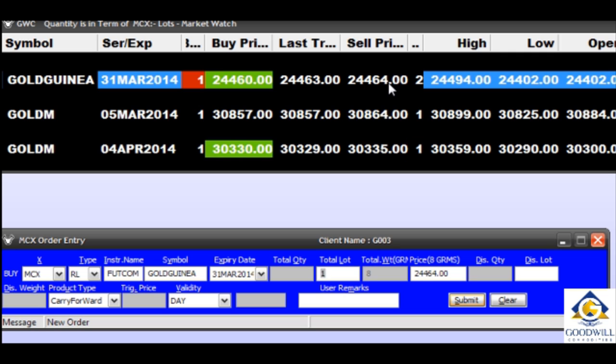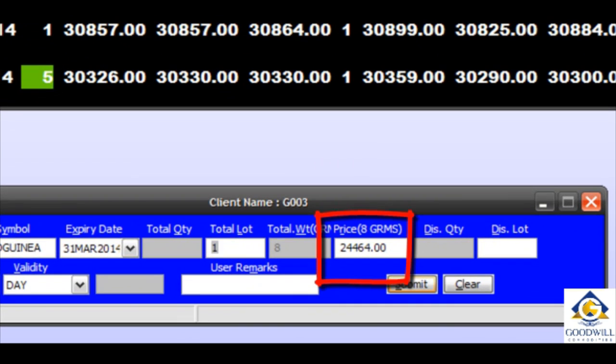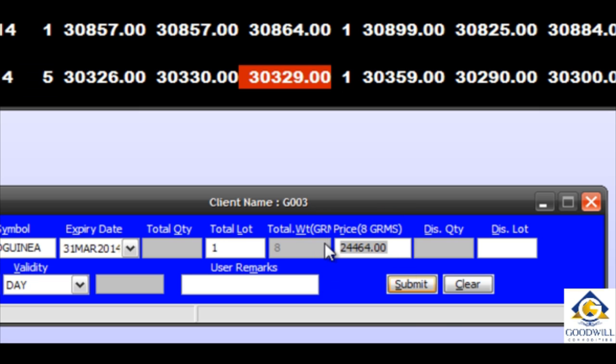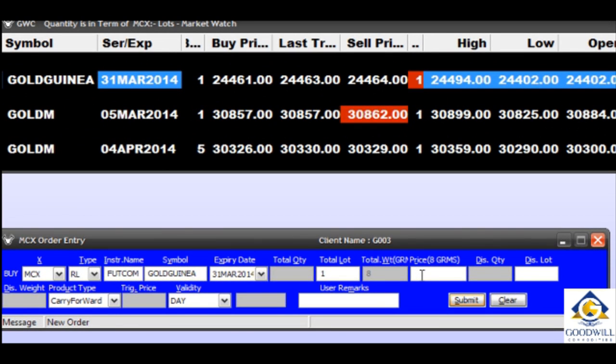If I want to purchase gold Guinea immediately at the next available price without placing any price here, in the price column, I remove everything and keep this empty. Now I am going to place an order.